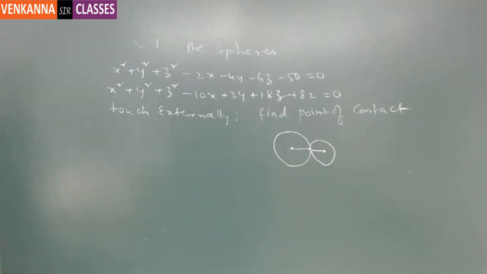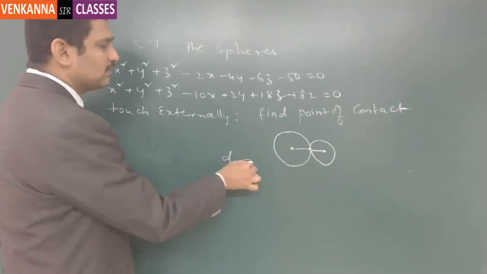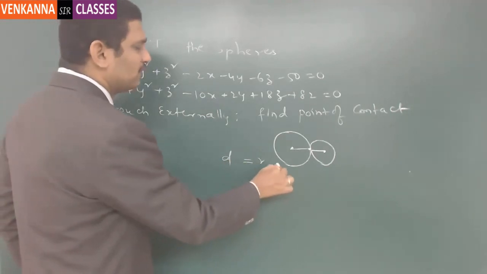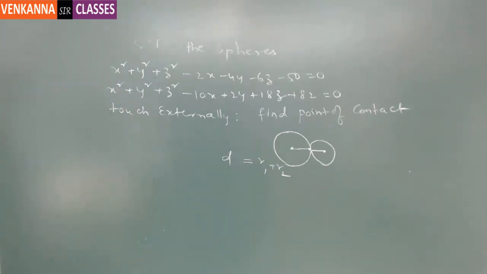Accepted? So distance between the centers must be equal to sum of their radii. That condition we should check. Hence we can say that they will touch externally.